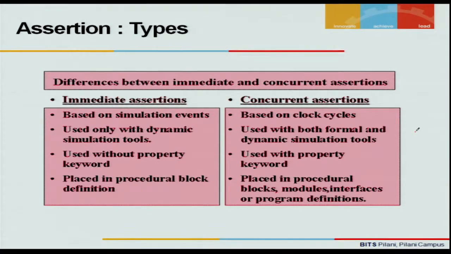Assertions are a mechanism by which you can check whether a particular event has happened correctly or not. This can also be useful in checkers, where you want to see whether a design has behaved in a normal way or not.